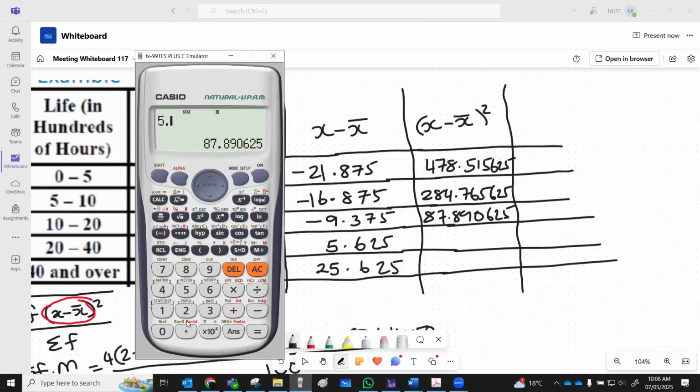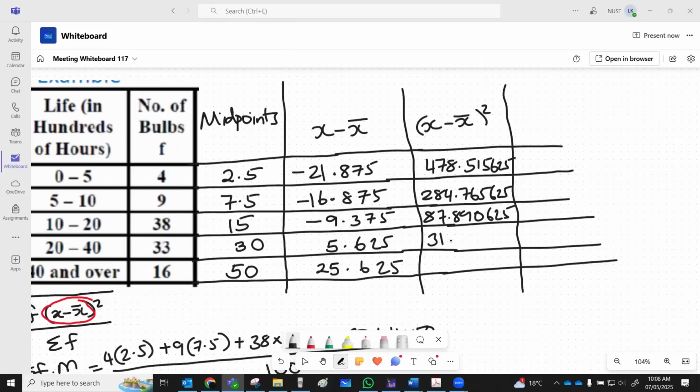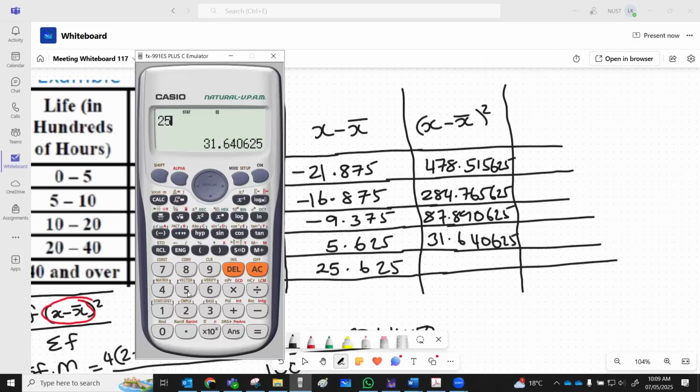Then we have 5.625. When we square this, we have 31.640625. And finally, 25.625.